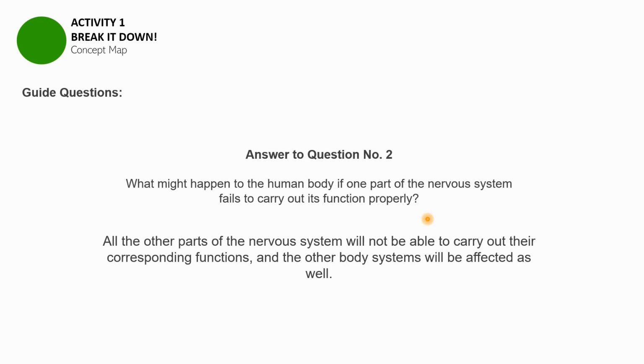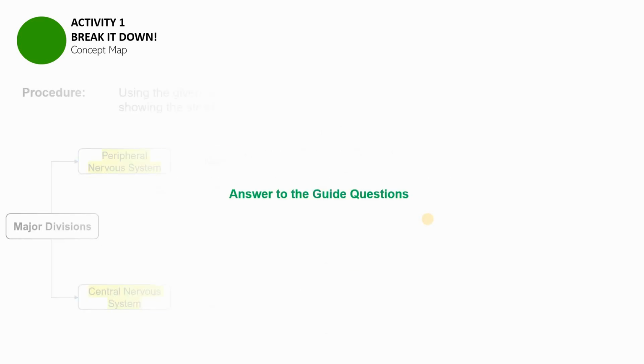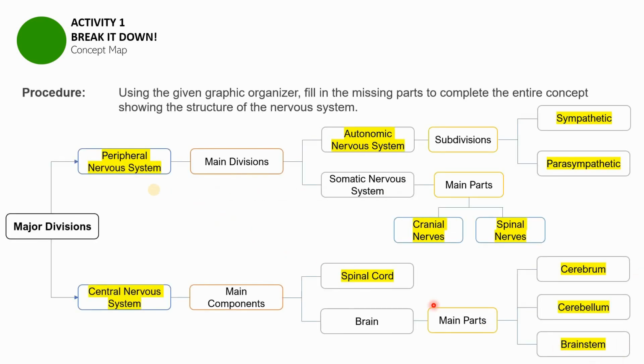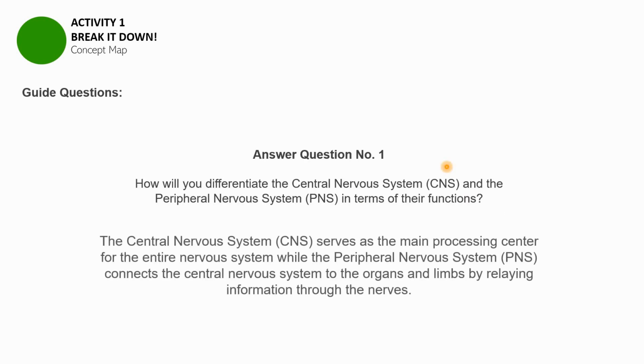All right, so for the concept map, I think the grading could be 1 point for each correct answer. So this is going to be 1, 2, 3, 4, 5, 6, 7, 8, 9, 10, and 11. So that could actually be 11 points. And then maybe for the following guide questions, the answers could be given around 2 points, depending on their closeness to the correct answers.